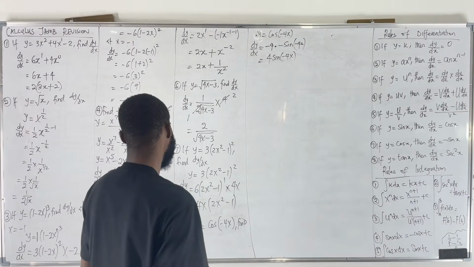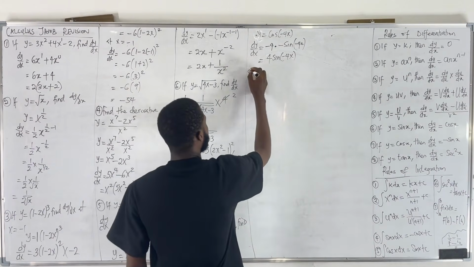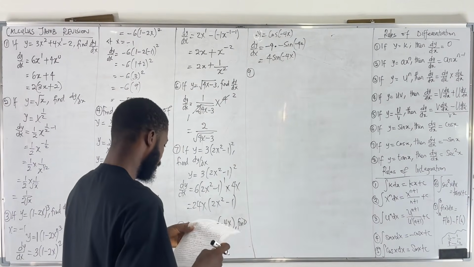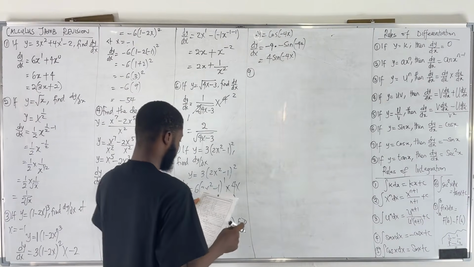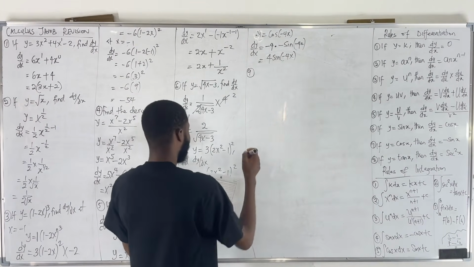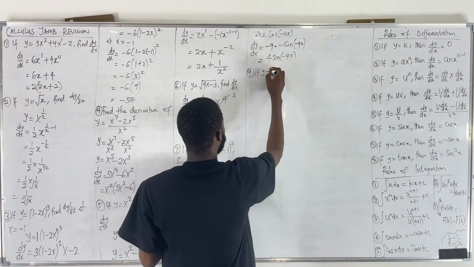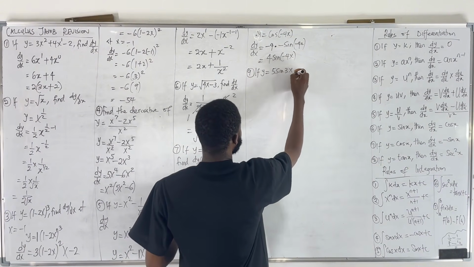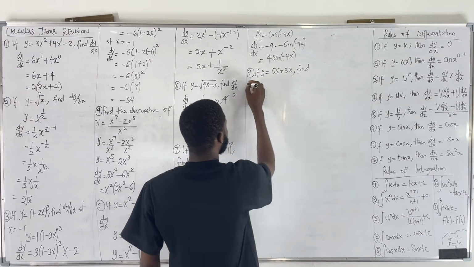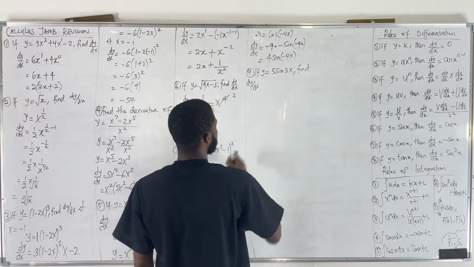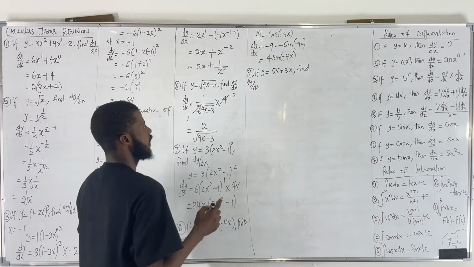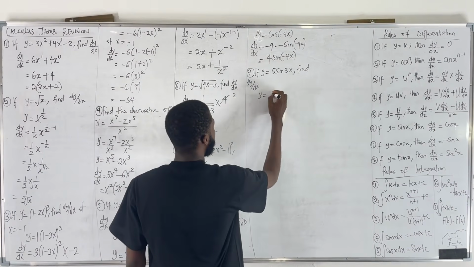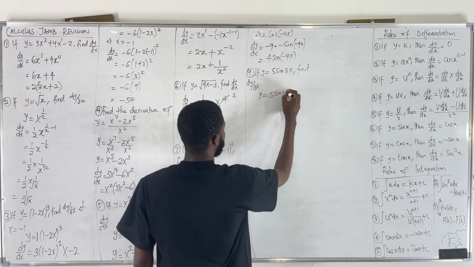All right. The next one, that's number 9. Question number 9. Okay. So if y is equal 5 sine 3x, find dy/dx. Now in this case, it's still the same thing. y is equal 5 sine 3x.